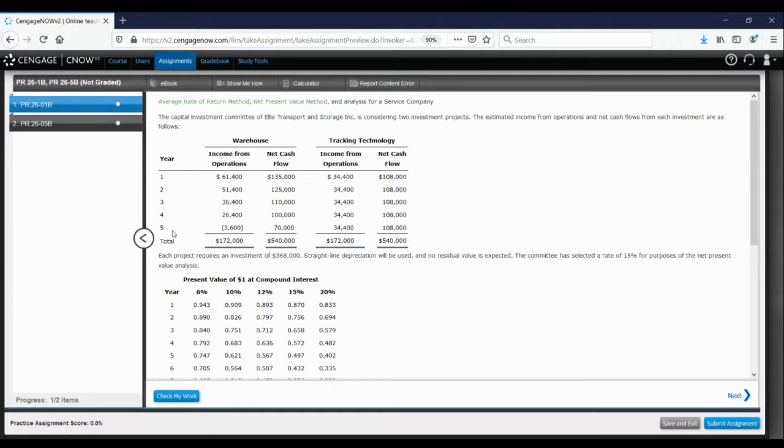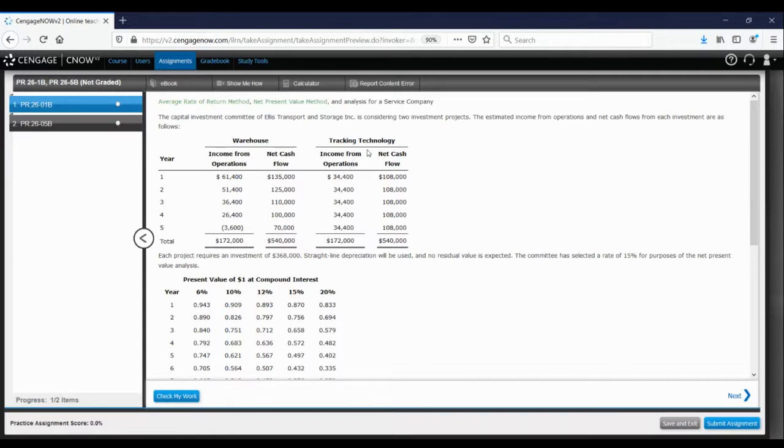And you can see that they also have estimated the amount of cash flows that they would be expecting to receive from this investment in the warehouse. So the cash flows that this investment is going to provide for this company are given for years 1 through 5, the life of the asset, and these are the cash flows for the warehouse company.